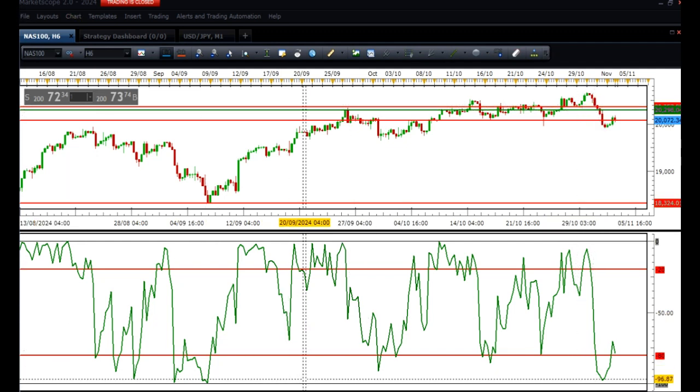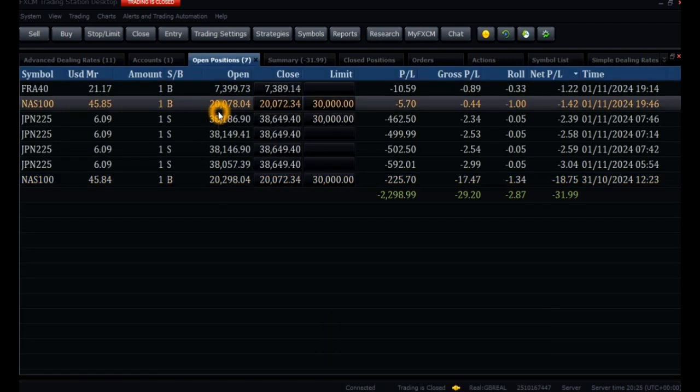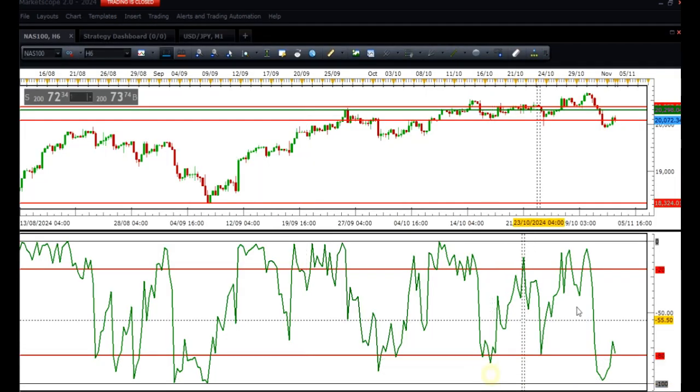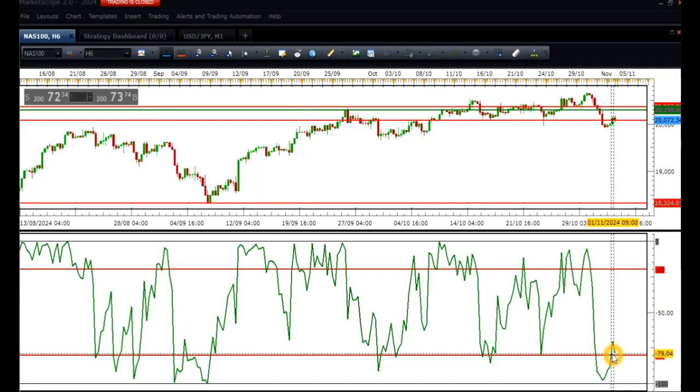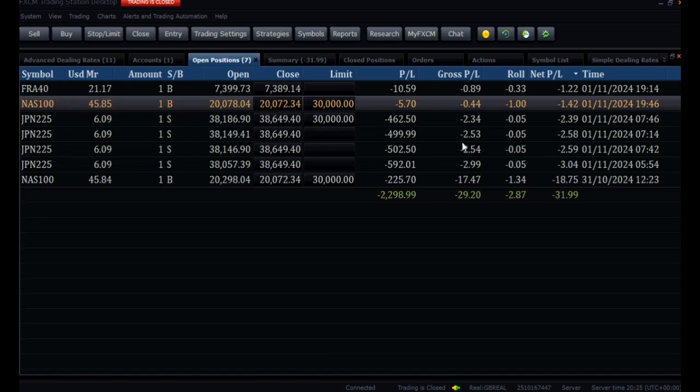And then this second one over here was taken at 20078. When I got this signal on this candle over here, I took a second trade at 20078. The price is 20072, so that explains why this one is about 5 points down.